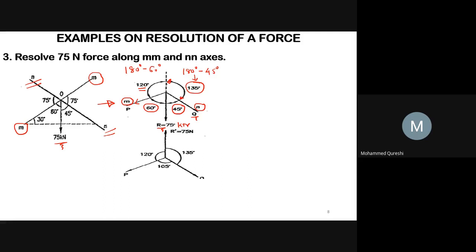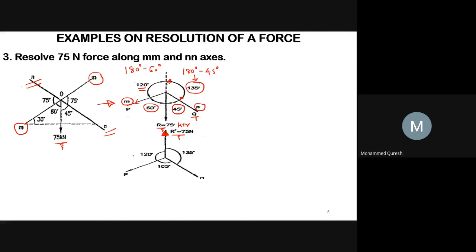So now I have to apply the sine rule, and for the sine rule this resultant force must be converted into an equilibrium force. So I am taking this force in the opposite direction with the same magnitude.